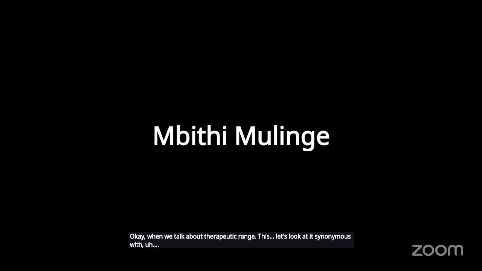Thank you. Another question from Martin Juguna. He's asking, explain the term therapeutic range. Okay, when we talk about therapeutic range, let's look at it as synonymous with our clinical lab value, which we call normal ranges or reference ranges.